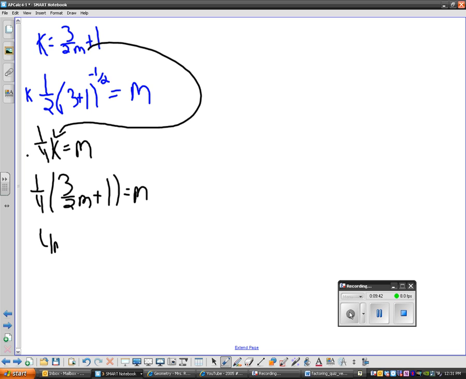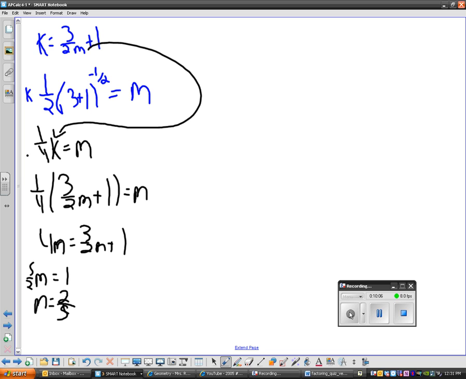4m equals 3/2 m plus 1. Subtract 3 halves m from each side, 5 halves m equals 1. M equals 2/5.